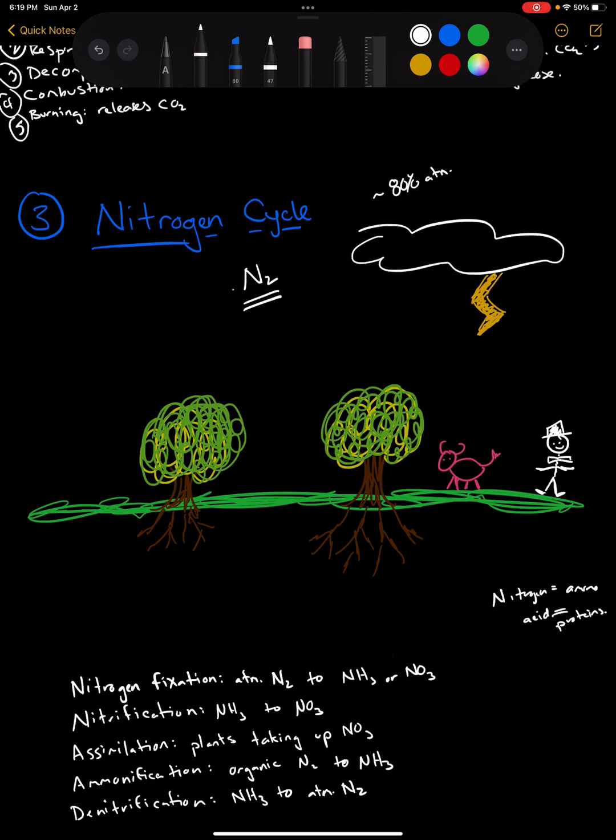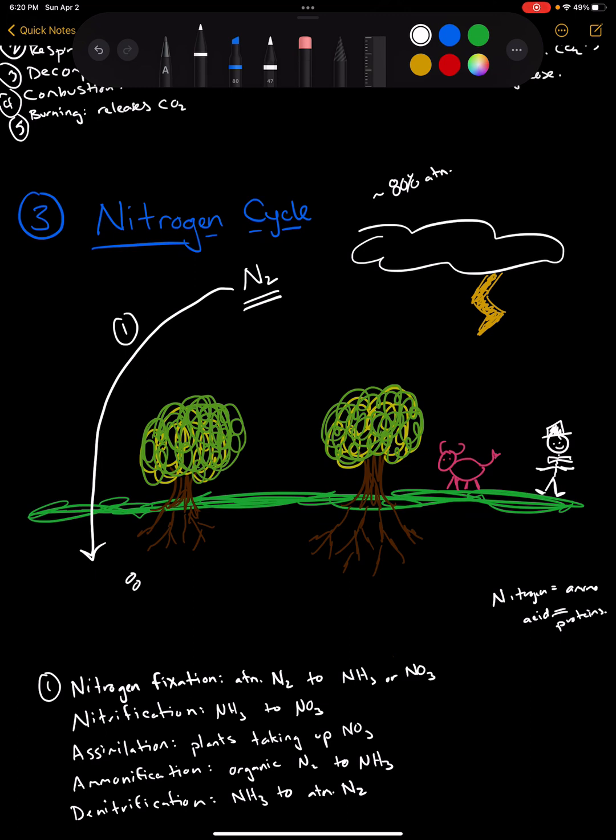That's called nitrogen fixation. Nitrogen fixation is when I take atmospheric nitrogen and I convert it into something I can actually use. I'll either convert it into ammonia or I'll convert it into nitrates. How I do that is through a process called nitrification.